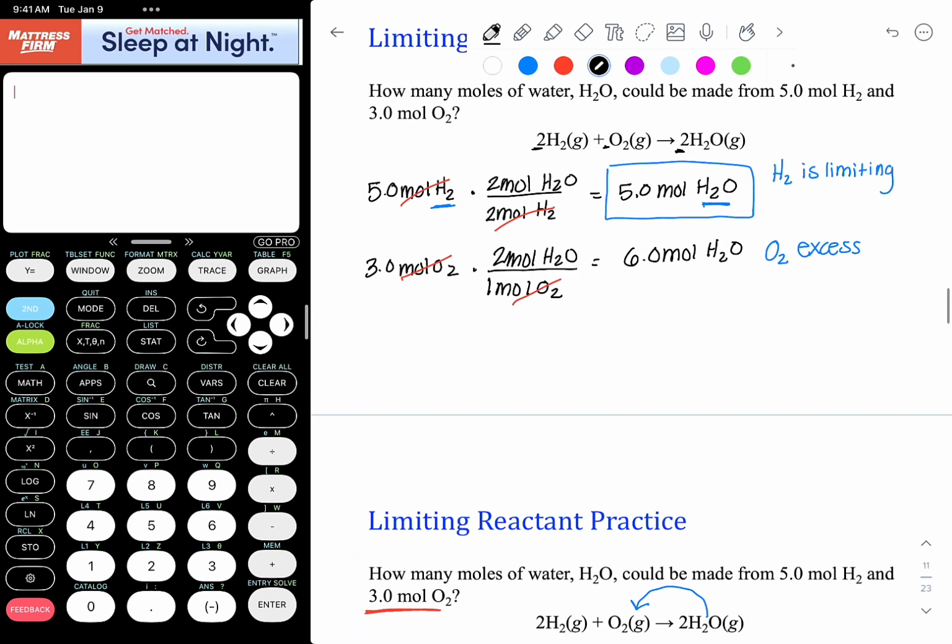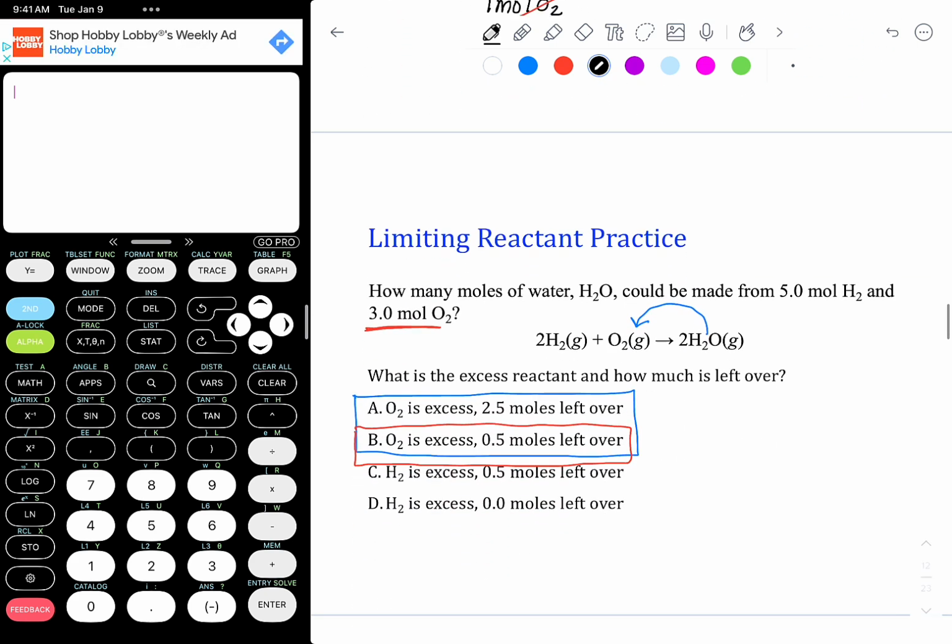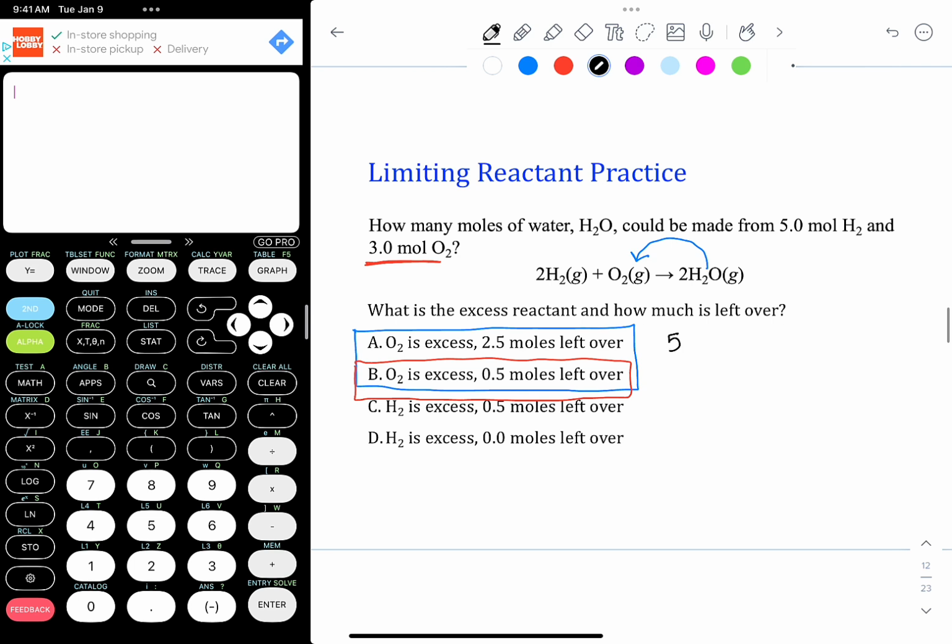So what we can do to find the amount of excess left over is we can take these two amounts of our product and find the difference between those, because that's basically saying, here's how much I could have made and here's how much I actually made. The difference is then going to be related to the excess reactant. So we take that 5.0 moles and subtract off the 6.0 moles.